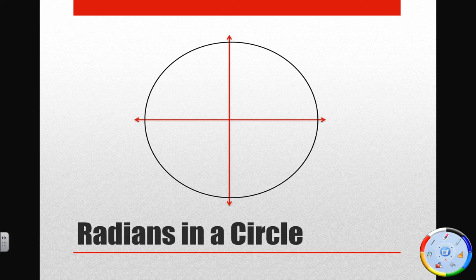The only thing else that I want to go over a little bit is the idea of radians in my circle, the number of radians. We dealt with degrees. We said 0, 90, 180, 270. This is degrees. Well, we need to go to radians. And we also had like 30, 45, 60, all those extra numbers, right?